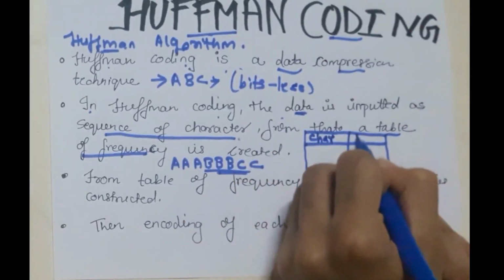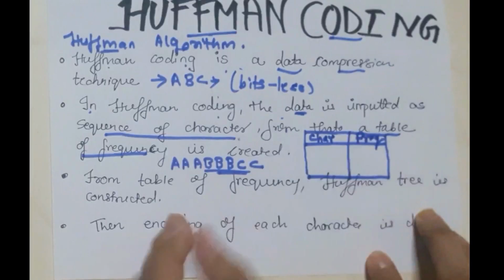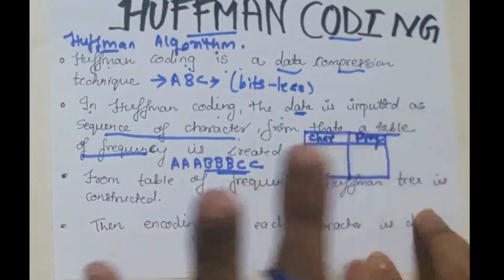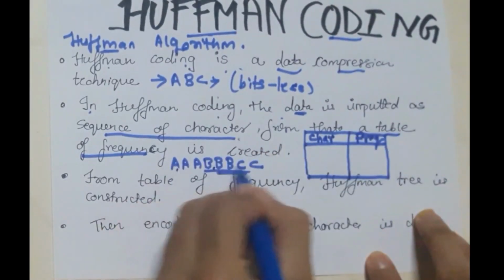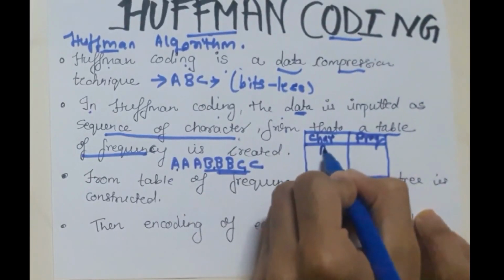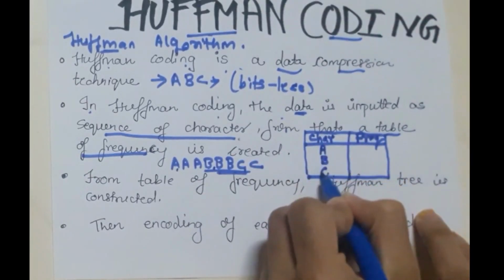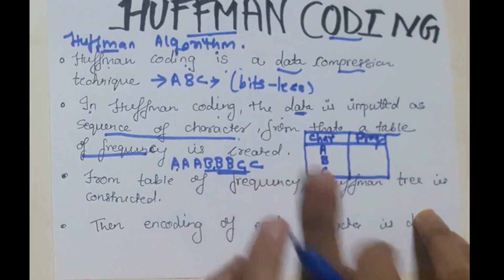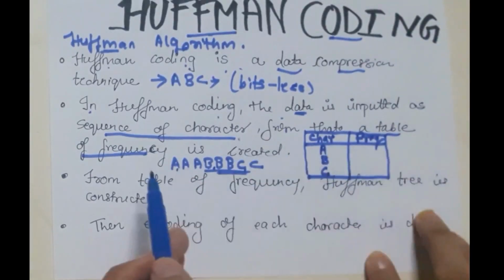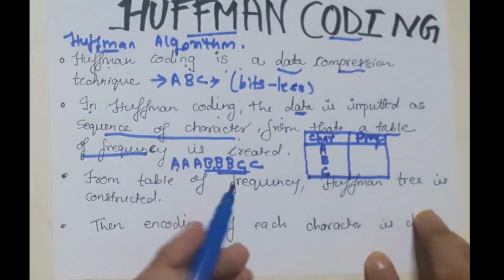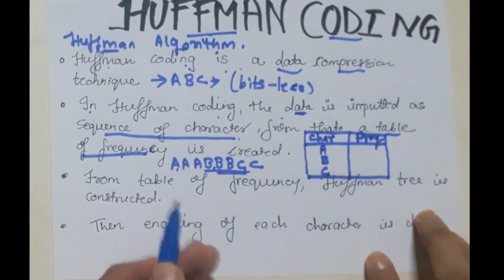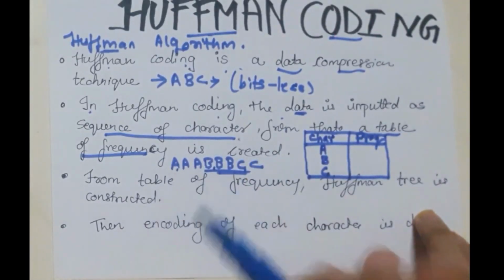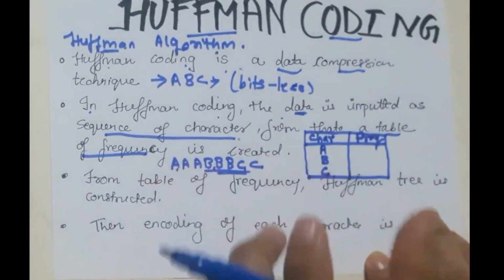Your character and your frequency. In this sequence you can see there are three types of characters: A, B and C, right? So we'll write here A, B and C. Now frequency: how will we calculate it? Frequency depends upon the number of times that character has occurred in the sequence.